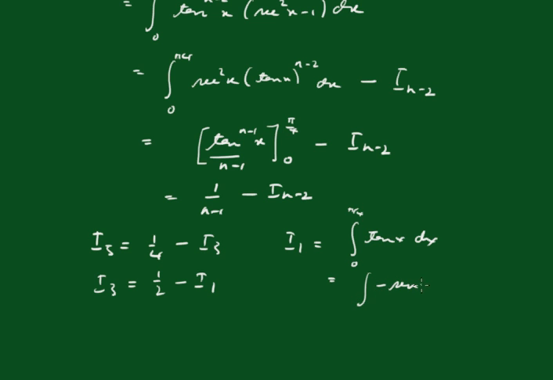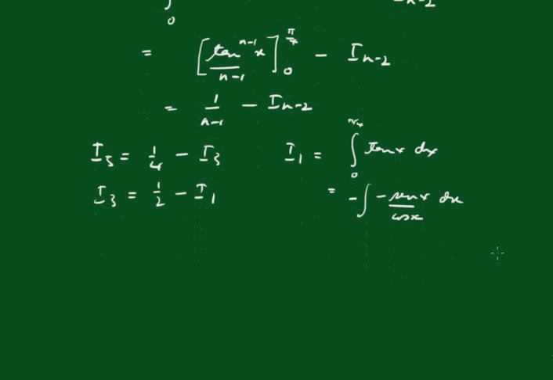which is minus sin x on cos x, with a minus at the front, dx, which of course is equal to minus the log of cos x between pi upon 4 and naught, which is, now I can reverse these signs and write the log of cos x between naught and pi upon 4.